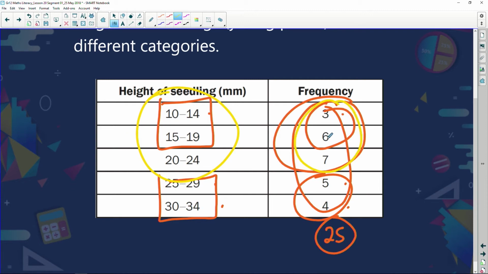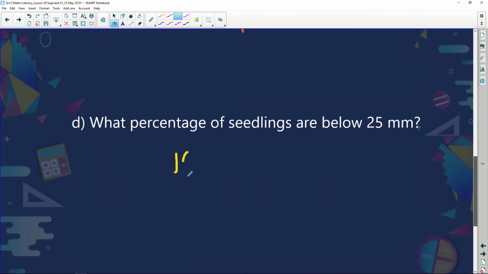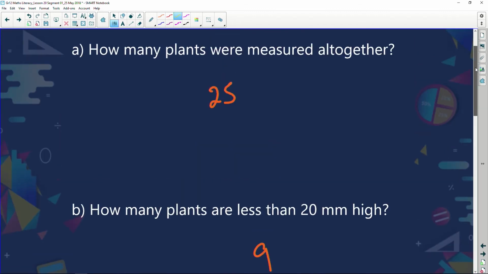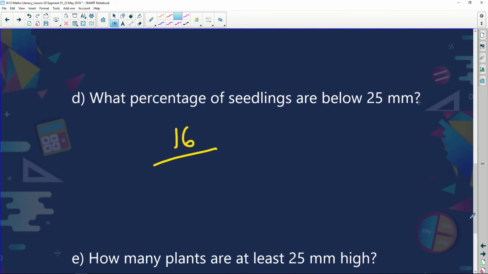So it's 3 and 6 and 7. That's going to give me 9, 16. So there are 16 seedlings below 25. Out of how many seedlings were there in total? Remember, we added them up and we said there were 25. So there were 16 of the 25 below 25 millimeters.